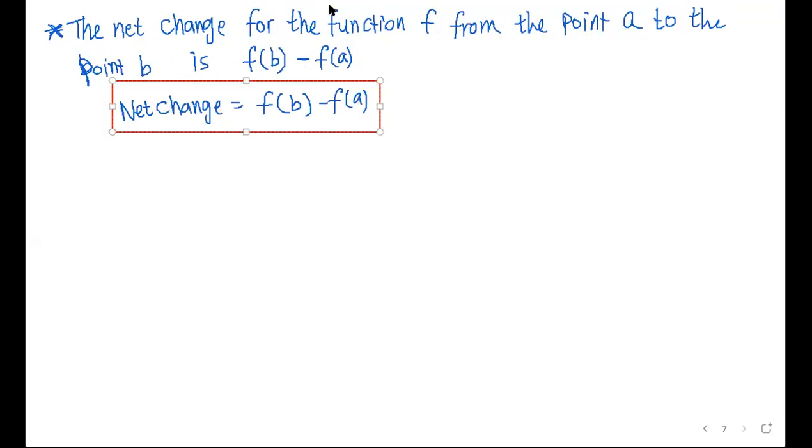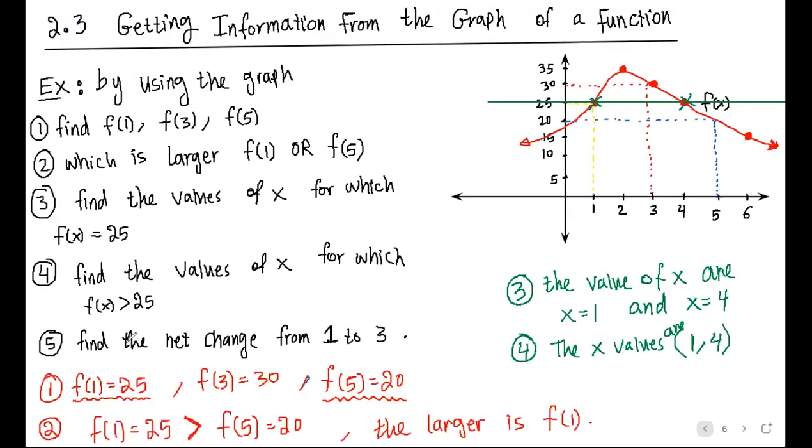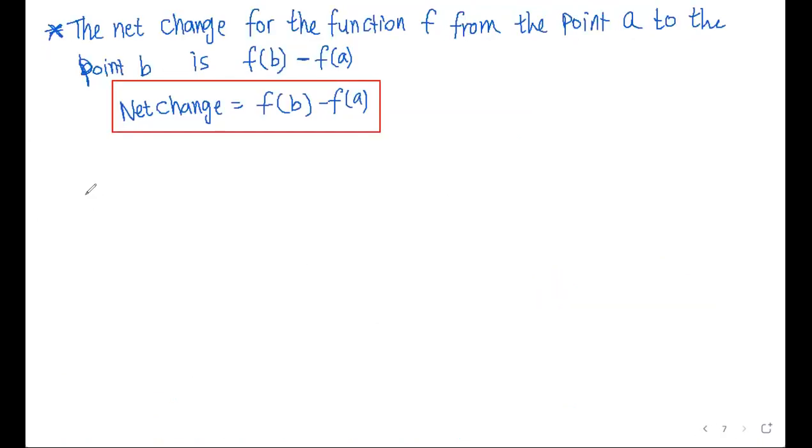Now go back to the question, the example. Find the net change from 1 to 3. Number 5, the net change from 1 to 3.